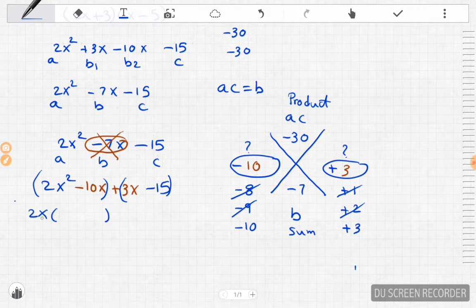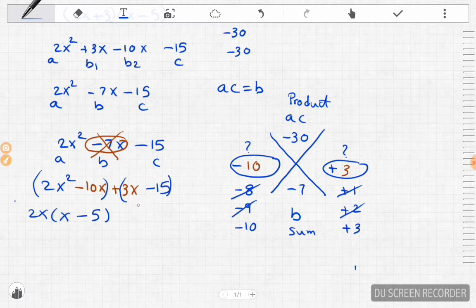And x squared divided by x, remember, is just x. Because x times x is x squared. Is it right? Now divide negative 10x by 2x. Start with the numbers. Negative 10 divided by 2 gives you negative 5. And x divided by x is 1. We don't write it down. Just to make sure, if you do the multiplication in reverse, you go back again to the 2x squared minus 10x.